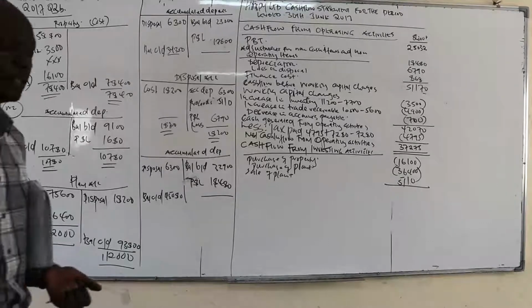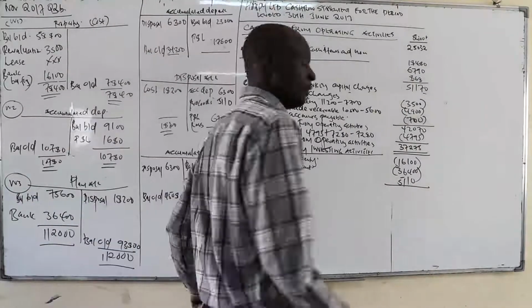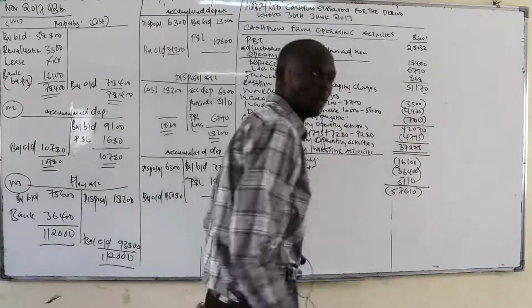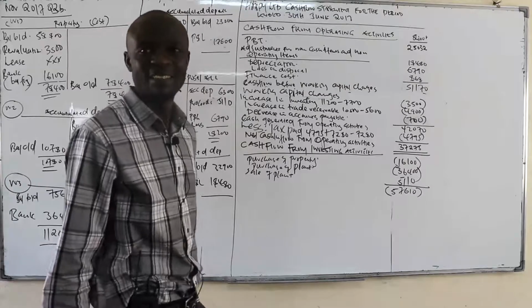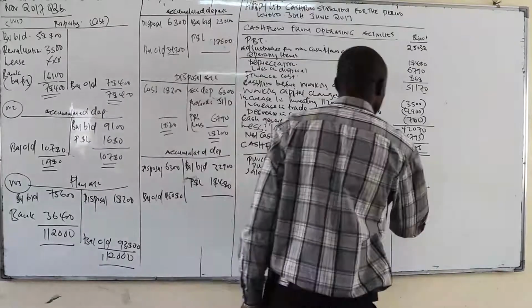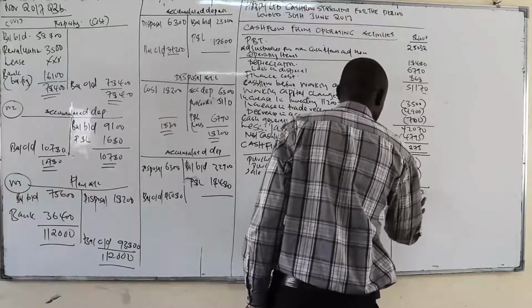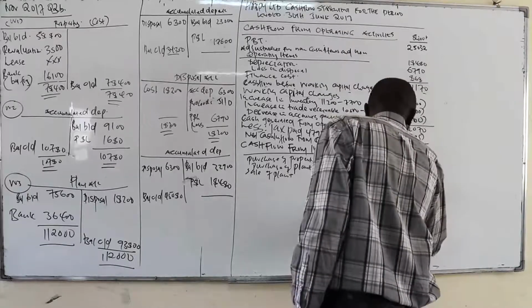57, 16. Negative. 57, 610. Negative, isn't it? Are you sure? These two are minus. 47, 39.